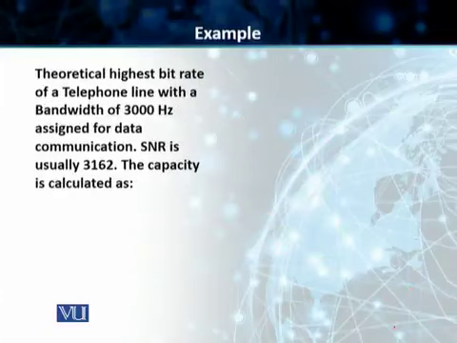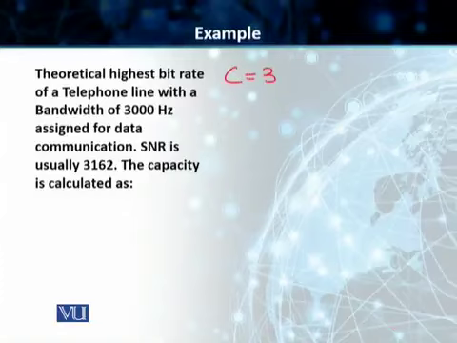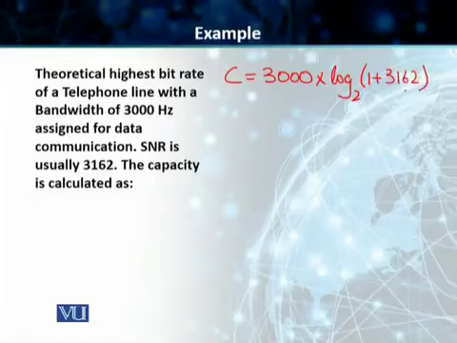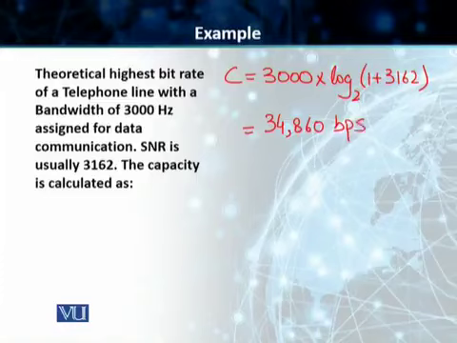Students, moving on, we have the theoretical highest bit rate of a telephone line. Bandwidth is 3000. Signal to noise ratio of a telephone line is usually 3162, and the capacity is calculated as bandwidth multiplied by log to the base 2 of 1 plus 3162, and this comes out to be 34860 bits per second.